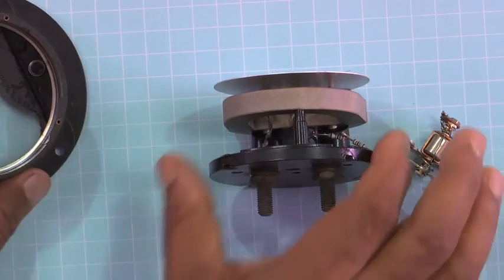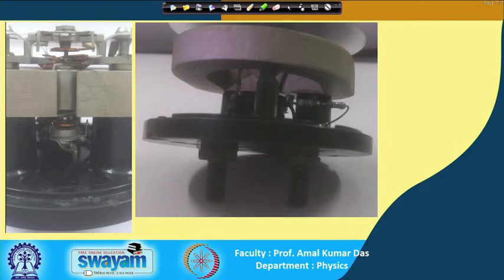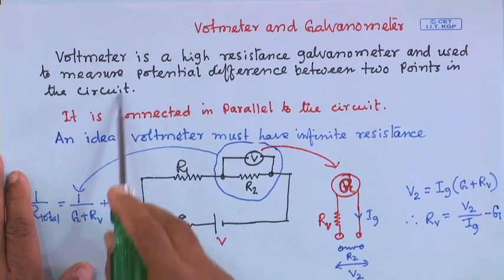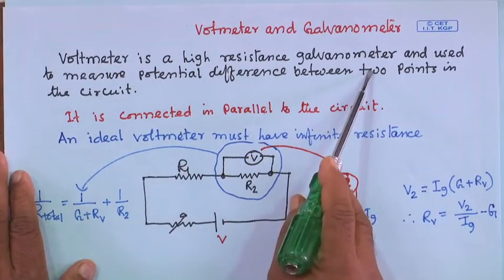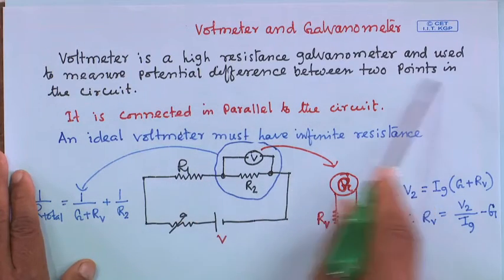So, what is a voltmeter? A voltmeter is basically a galvanometer, as I have shown you. A voltmeter is a high resistance galvanometer used to measure the potential difference between two points in the circuit.